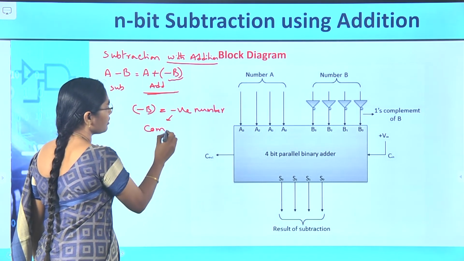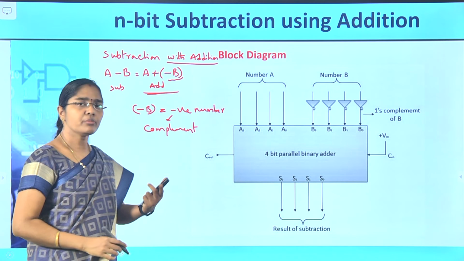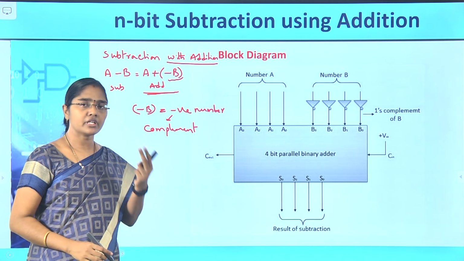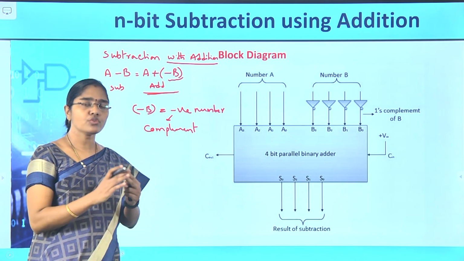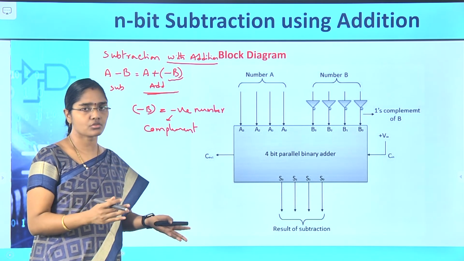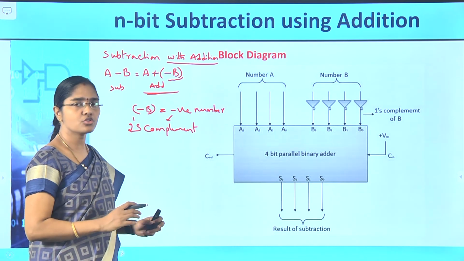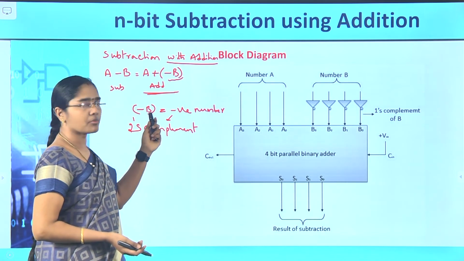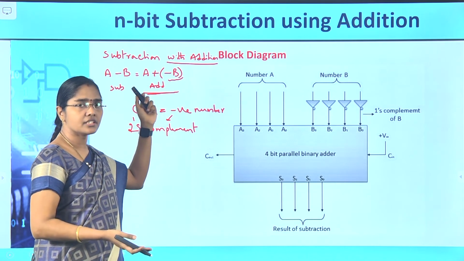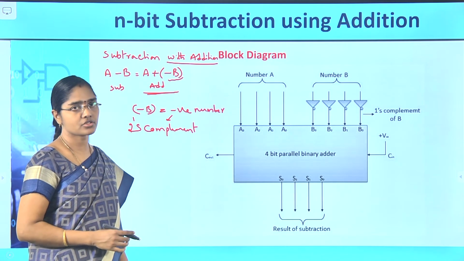In binary we have 1's complement and 2's complement, and out of those two, 2's complement is better because it has a unique 0. Therefore, negative numbers will be taken in 2's complement form. So minus b will be represented as a 2's complement number and a is taken as it is, then addition between a and the 2's complement of b will give the subtraction operation.